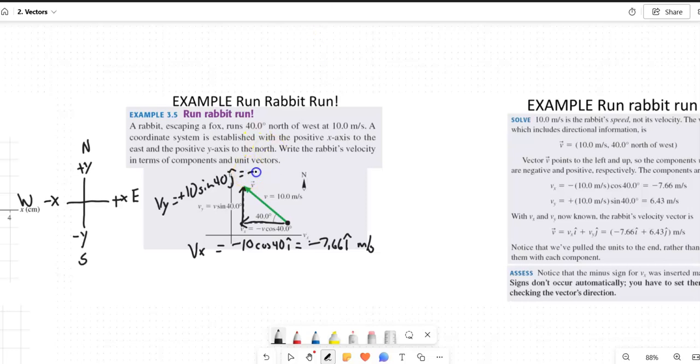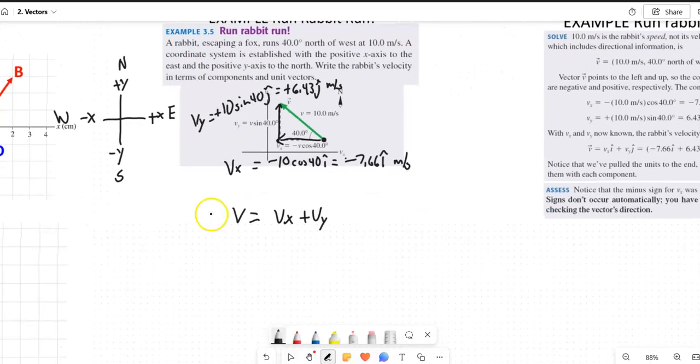So this is going to be a positive 6.43 j hat in meters per second. So the overall velocity vector, which is Vx plus Vy, is going to be equal to negative 7.66 I plus 6.43 J in meters per second.